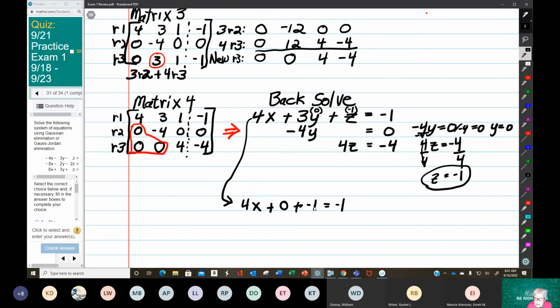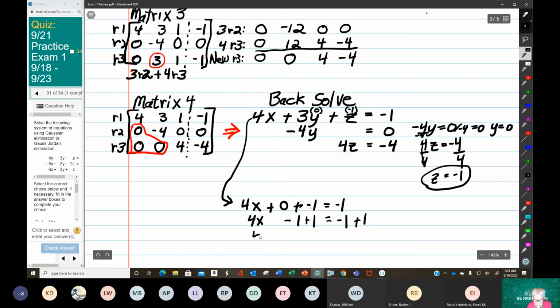So I can add the opposite of -1 to both sides. Well, first, 0 plus -1 will give me 4x minus 1 equals -1. Well, I need to solve for x, so I'll add 1 to both sides.